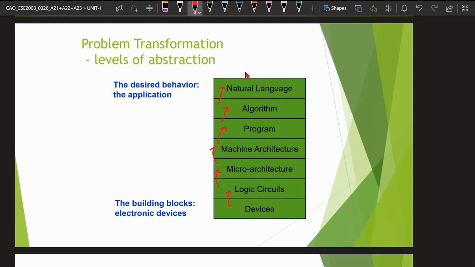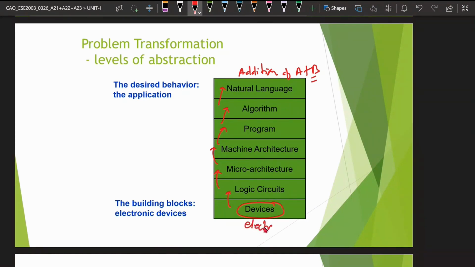Natural language, in the sense that we required an addition, a plus b. So addition of a plus b is the problem in natural language, and with respect to that we are going to have an algorithm. With respect to that algorithm we will write a program. This program will be given to a machine architecture, and this machine architecture will have some smaller building blocks, the micro architecture. These building blocks will be made up of logic circuits, and these logic circuits will be made up of some electronic devices.